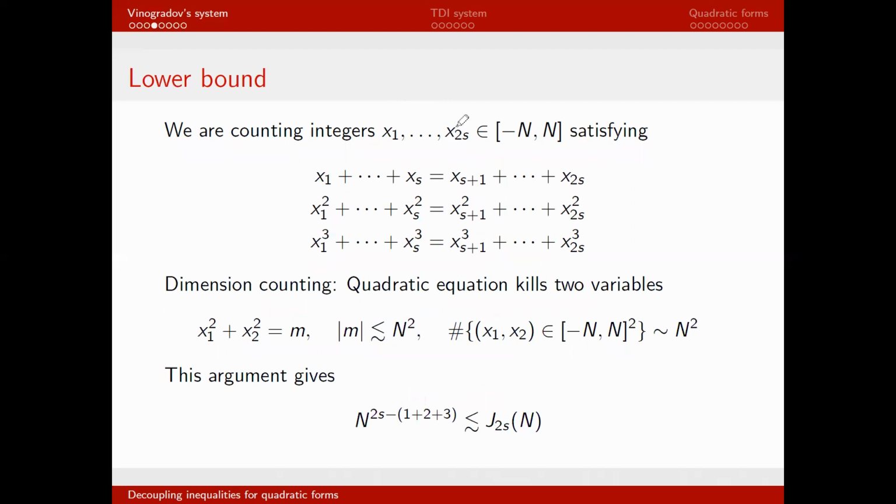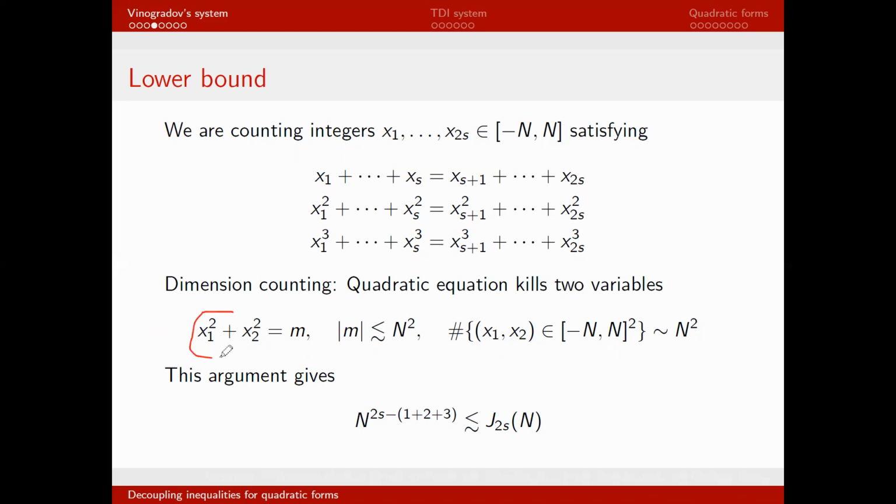Here is another way of calculating the lower bound. We start with 2s degrees of freedom. Obviously, this linear equation carries 1 degree of freedom. And I claim that this quadratic equation carries 2 degrees of freedom. Here is my reasoning.